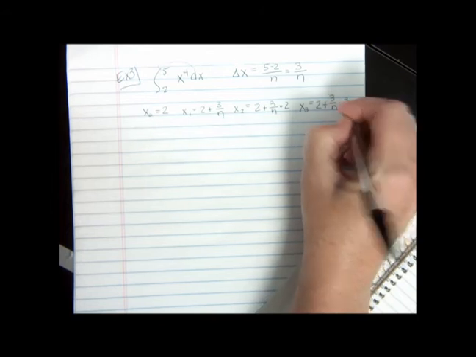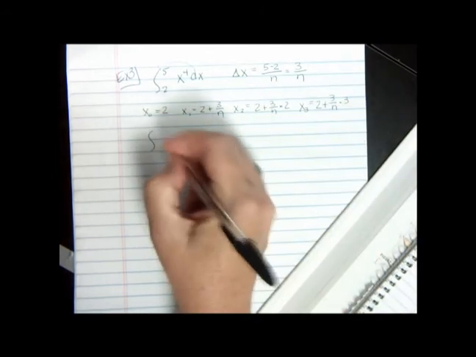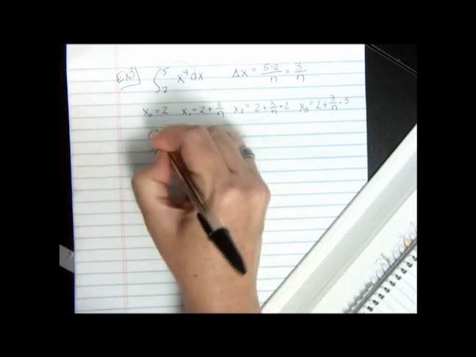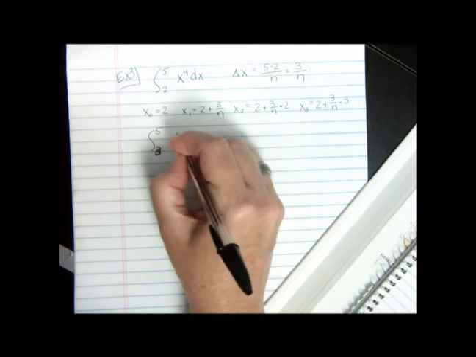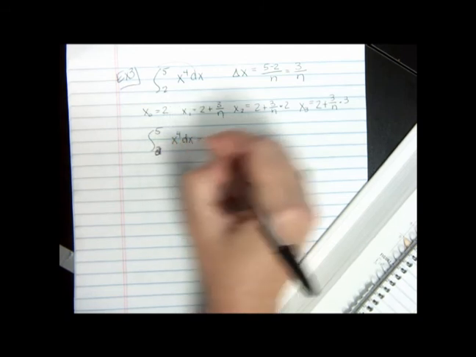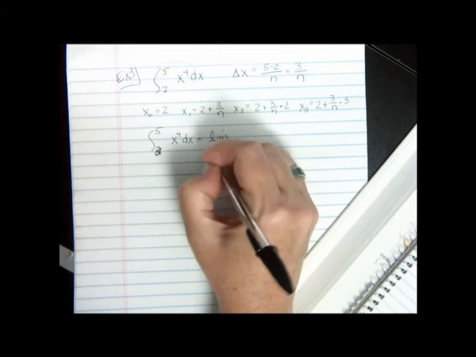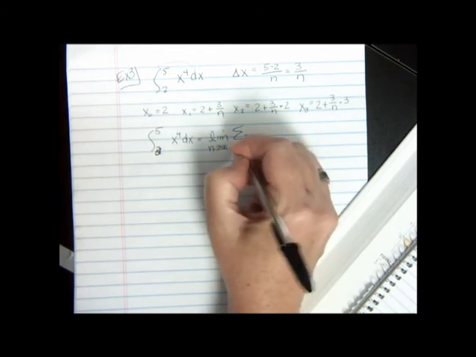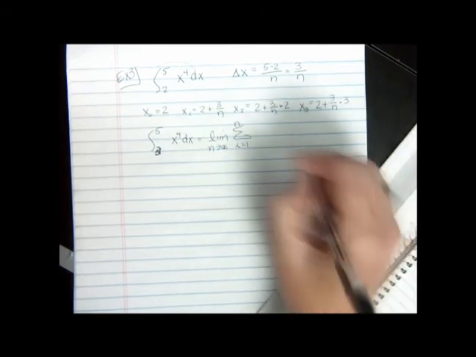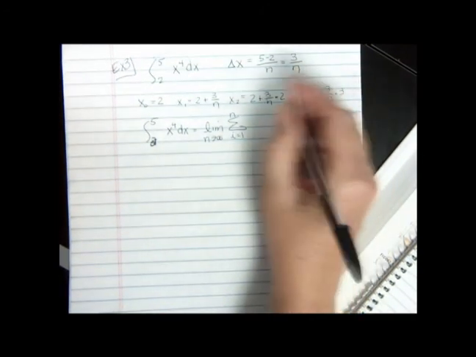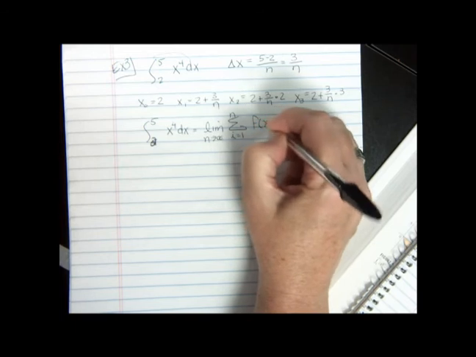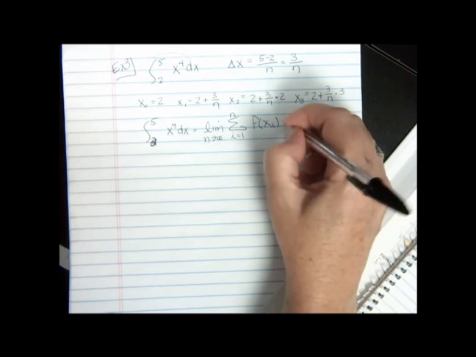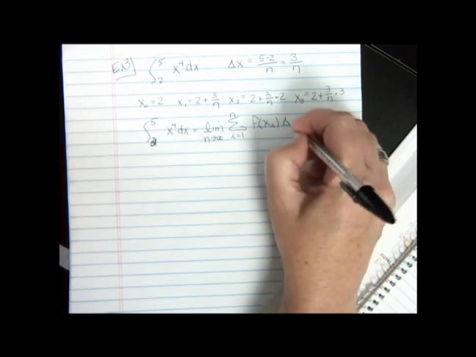So my integral from 2 to 5 of x to the 4th dx is the limit as n approaches infinity of the sum from i equals 1 to n, a whole bunch of rectangles, of f of x sub i times my width. This is my generic form.